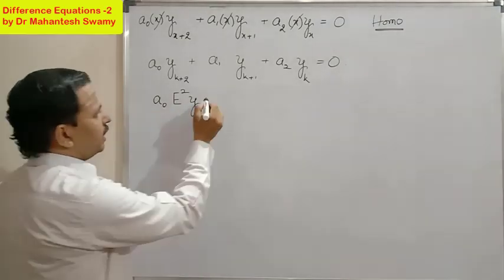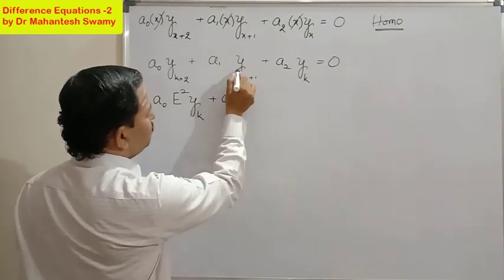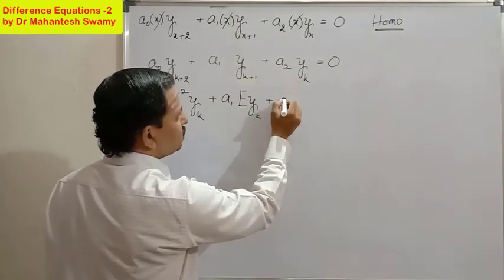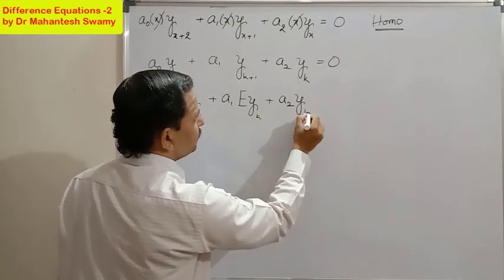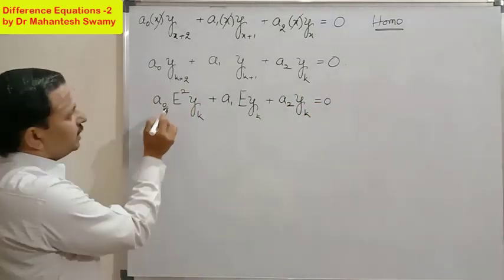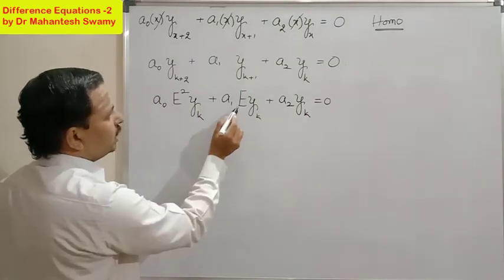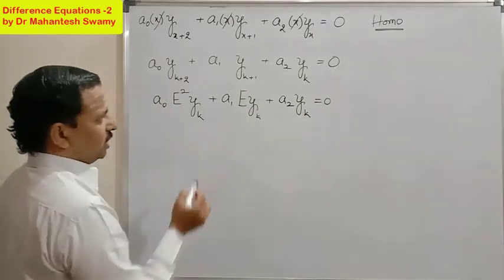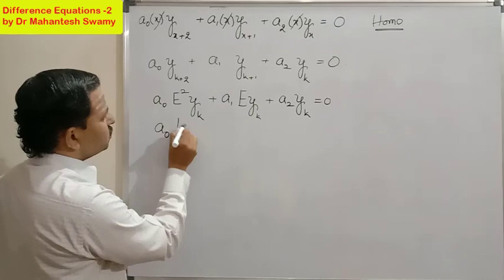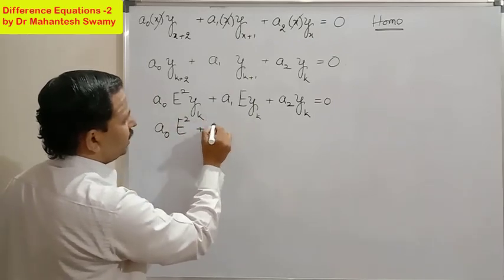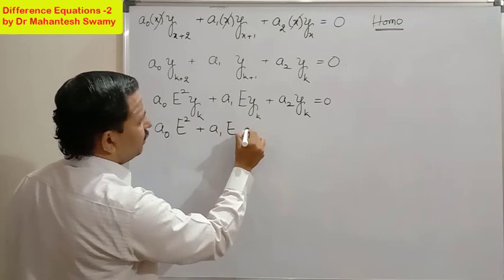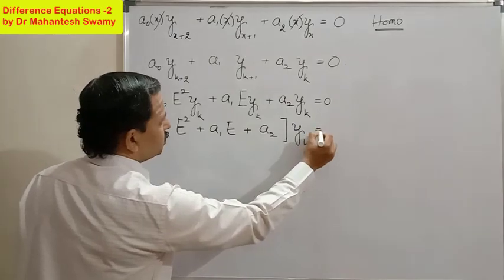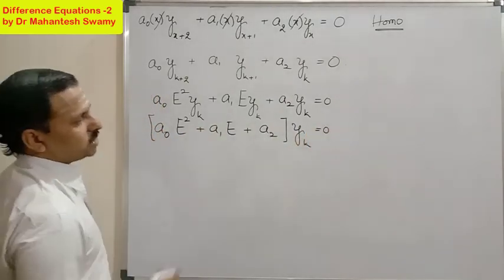So it is a0 E squared y(k) + a1 E y(k) + a2 y(k) = 0, where E squared y(k) means y(k+2) and E y(k) means y(k+1). Taking y(k) outside, I can write (a0 E squared + a1 E + a2) y(k) = 0 on the left and 0 on the right. So the difference equation looks like this.